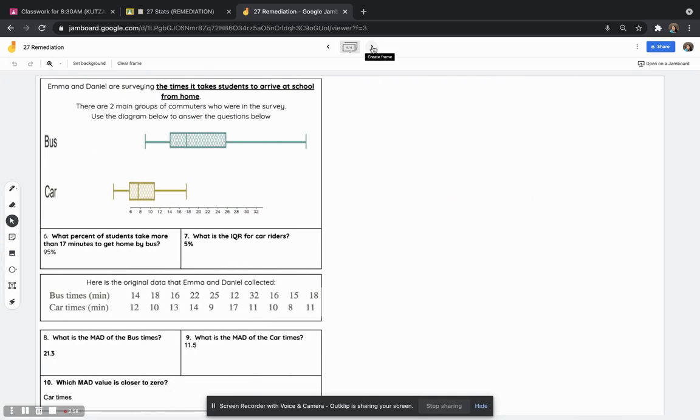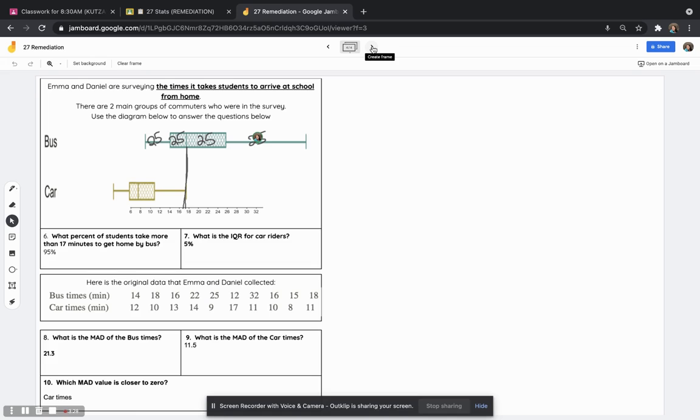Right, number 6 says, what percent of students take more than 17 minutes to get home by the bus? So I'm going to look at 17, and that is right here between 16 and 18. And I'm looking for more than 17. So each section of your box and whisker plot is 25%. So that's 25%, that's 25%, that's 25, and that's 25.